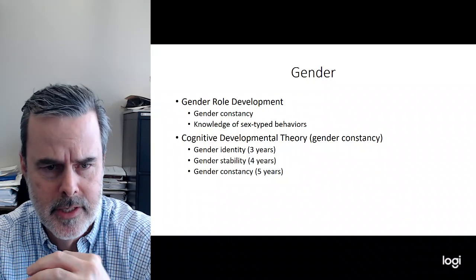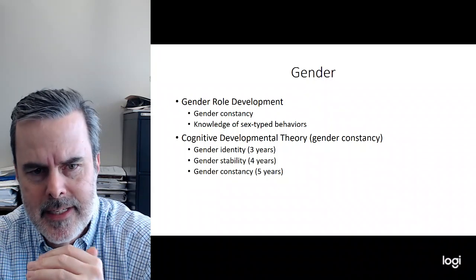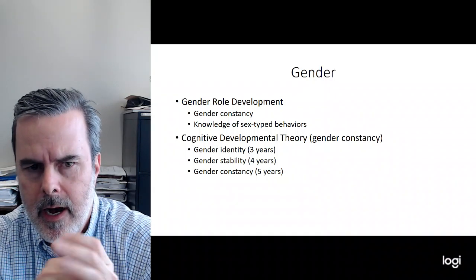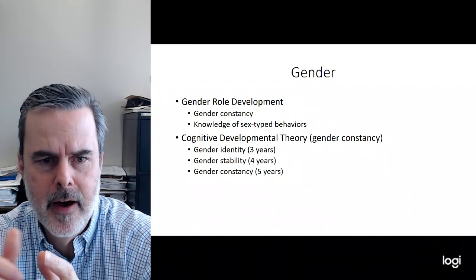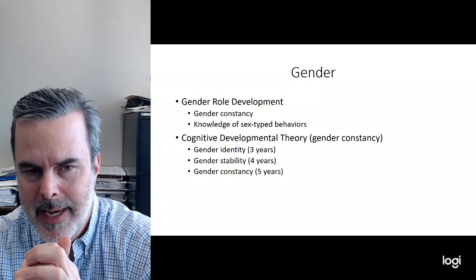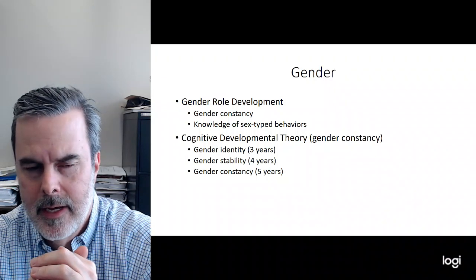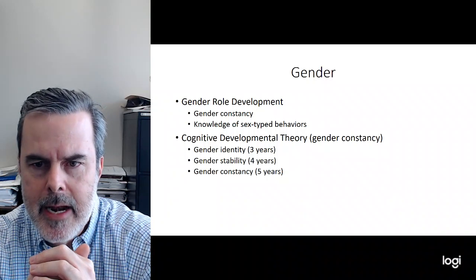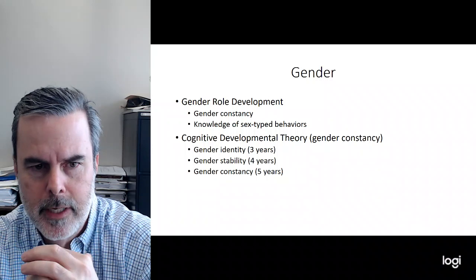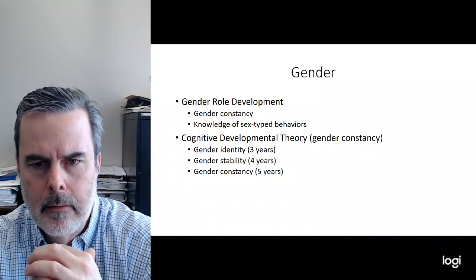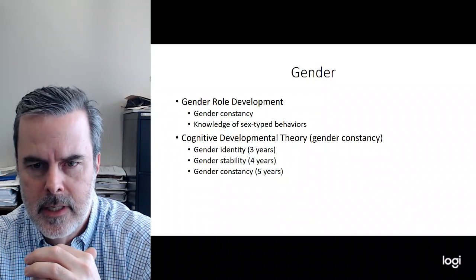Remember, gender constancy refers to the understanding that an individual's sex is a stable attribute that doesn't change over development, even if the appearance of the individual may change, as it does in the man in the dress test scenario. And cognitive developmental theory has described 3 stages through which individuals go before fully understanding gender constancy.